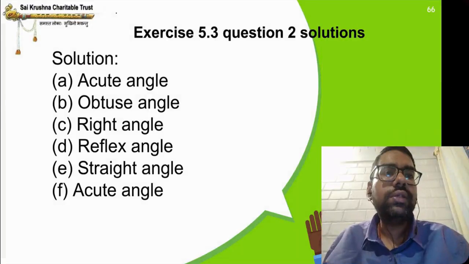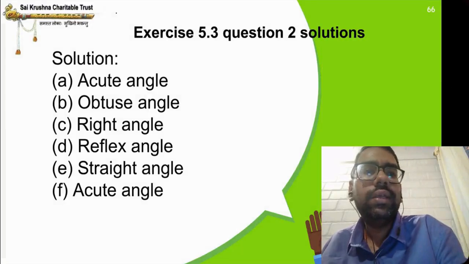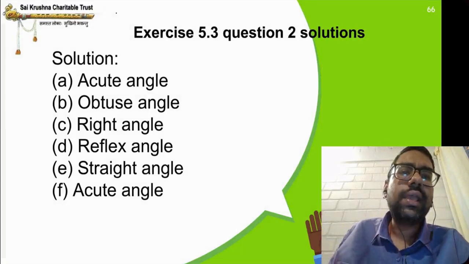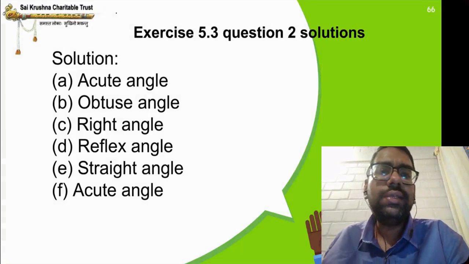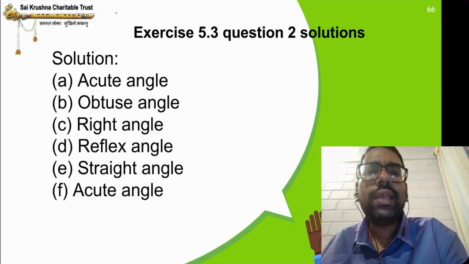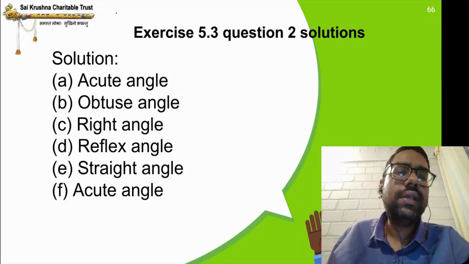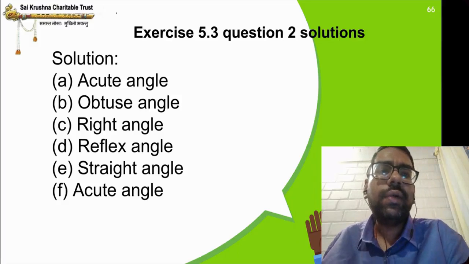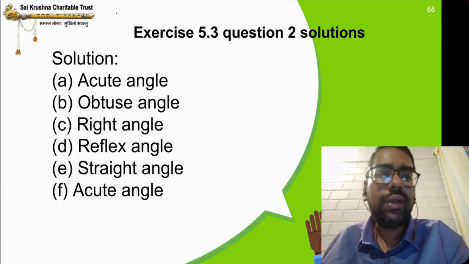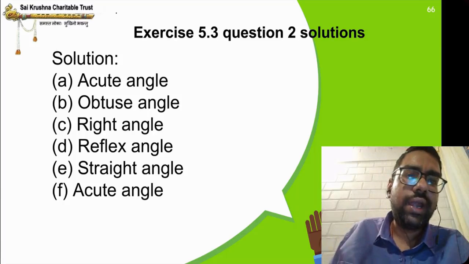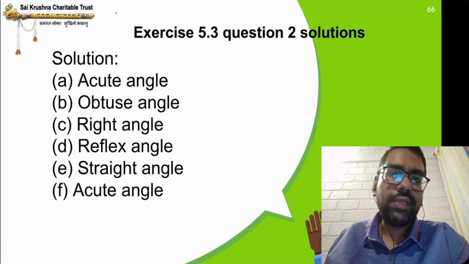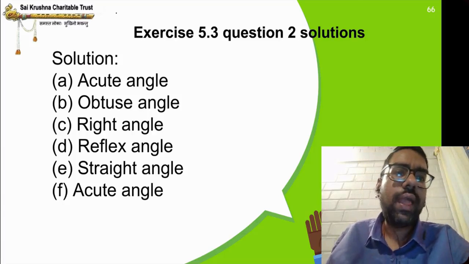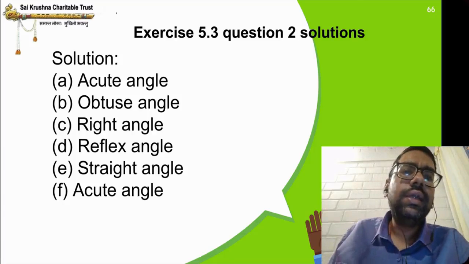Again, solutions here, exercise 5.3, question 2 solution. First, A is an acute angle, B is an obtuse angle, C is a right angle, D is a reflex angle.